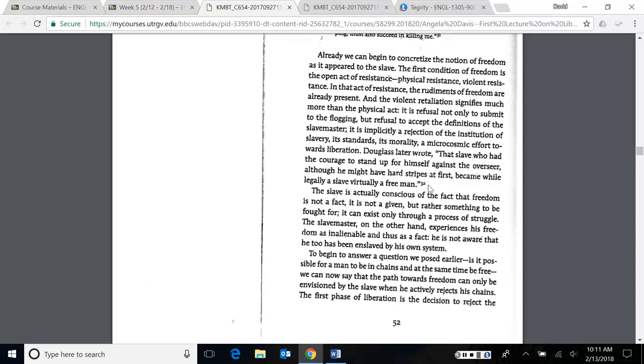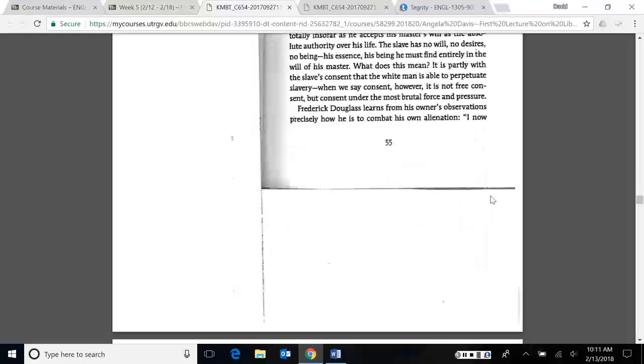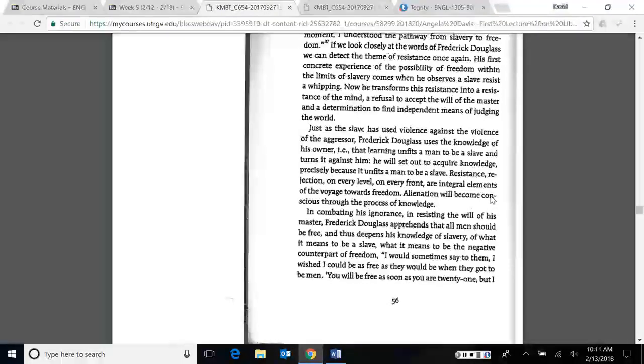The next point she makes is about resistance, that freedom can be achieved through resistance, whether it's physical, violent resistance, or slow, sort of steady resistance against someone. You can achieve freedom. In his case, he happened to find freedom through knowledge, that awareness, that conscious knowing that you ought not to be a slave.